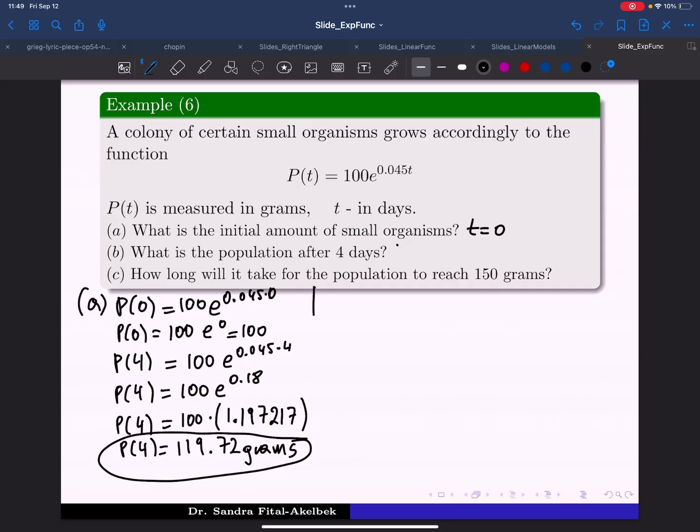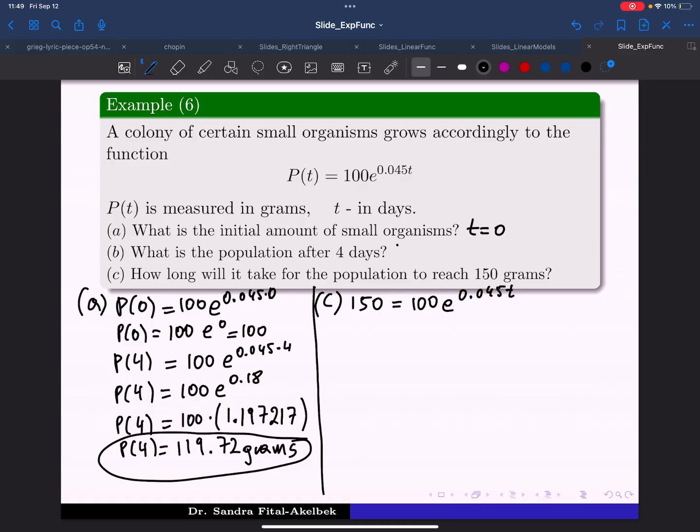For part C, the question asks how long will it take for the population to reach 150 grams. So now 150 is my P for population. So we have 150 is equal to 100 e to the 0.045 times t.